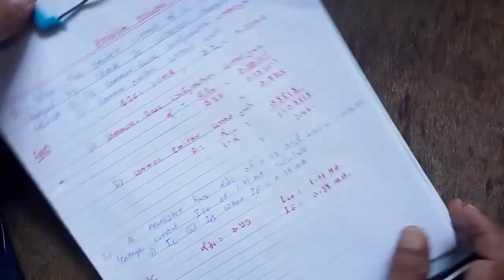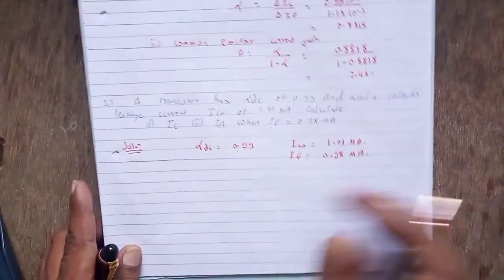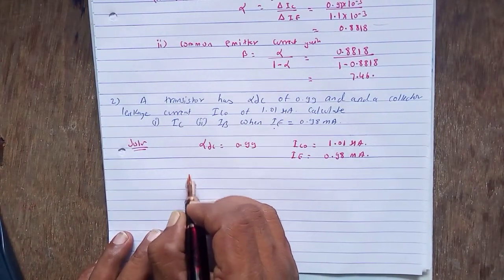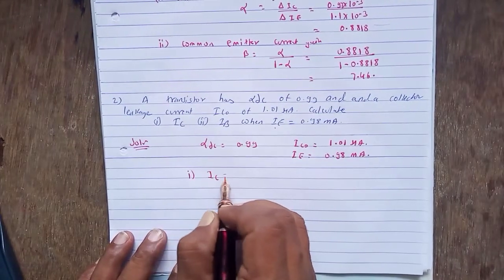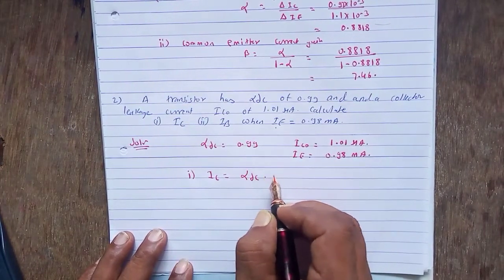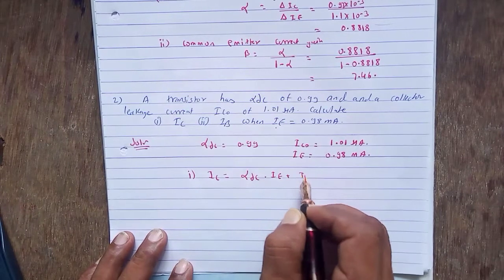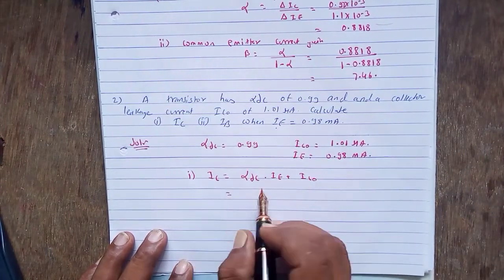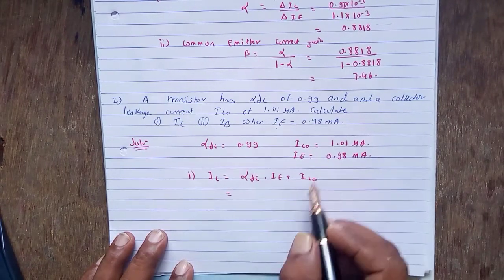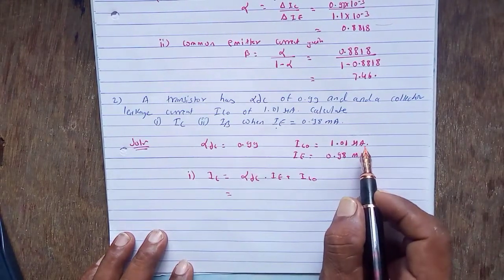The formula is IC is equal to alpha DC times IE plus ICO. Okay students, the alpha DC has been given, IE has been given, and ICO has been given.